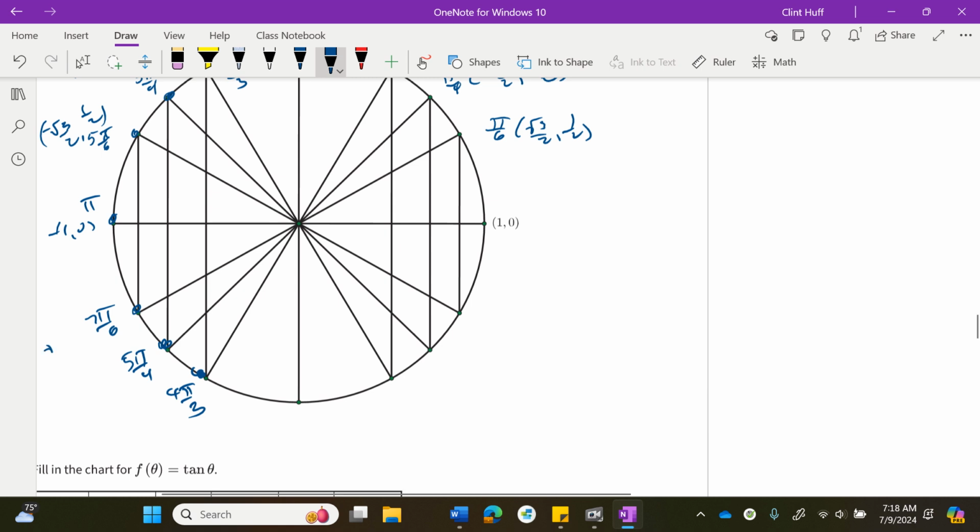So negative root 3 over 2, negative 1/2. Then 5 pi over 4, negative root 2 over 2, negative root 2 over 2. And down here, 4 pi over 3 will be negative 1/2, negative root 3 over 2. This is 3 pi over 2, which is (0, negative 1).